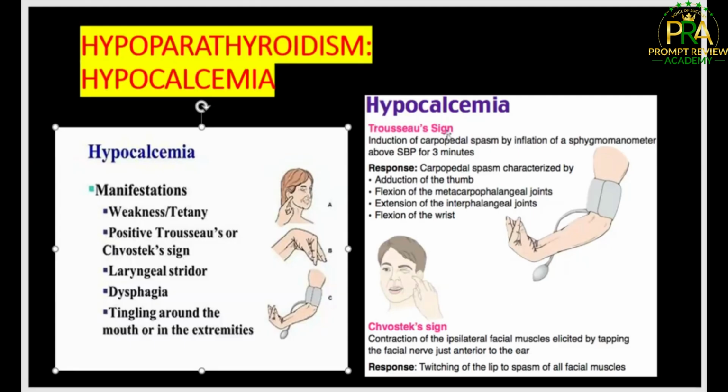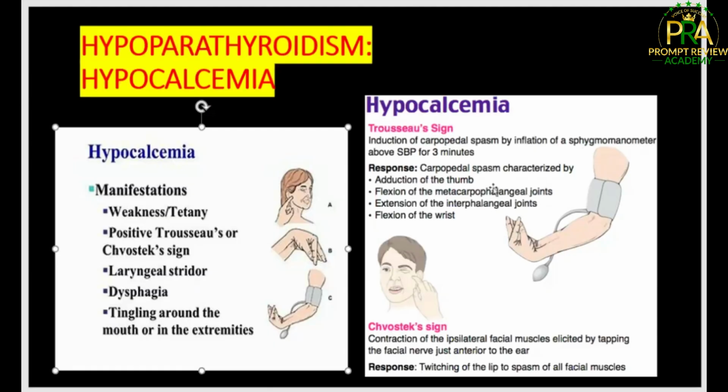The positive Trousseau sign is when you are inflating a BP cuff. There is induction of the carpopedal spasm by inflation of the BP cuff, the sphygmomanometer, when you are inflating it. So the person is going to have this adduction of the thumb.